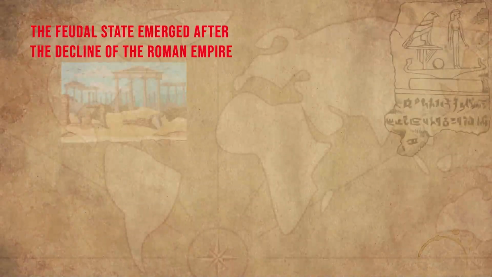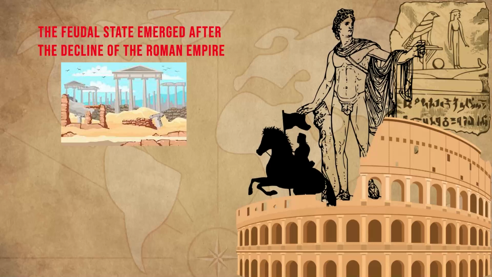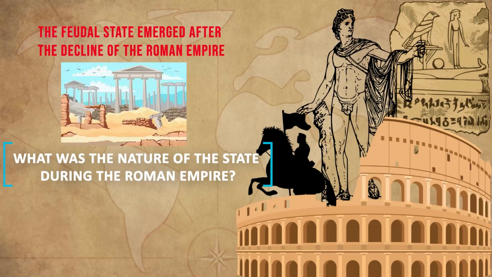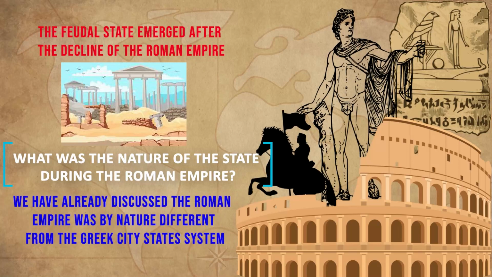The feudal state emerged after the decline and fall of the Roman Empire. Now, what was the nature of the state during the Roman Empire? As we have already discussed, the Roman Empire was by nature different from the Greek city-state system.